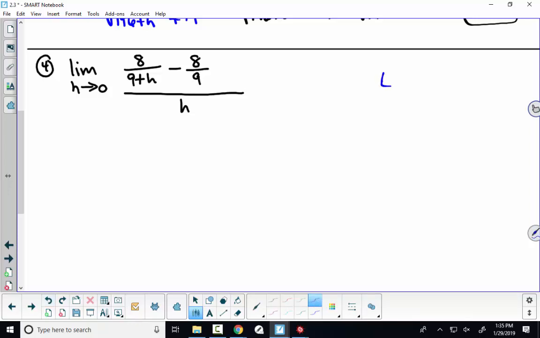Well, to clear these fractions, we're just going to involve the lowest common denominator. The lowest common denominator of these two that we're trying to clear. We're ignoring the division by h at this point.